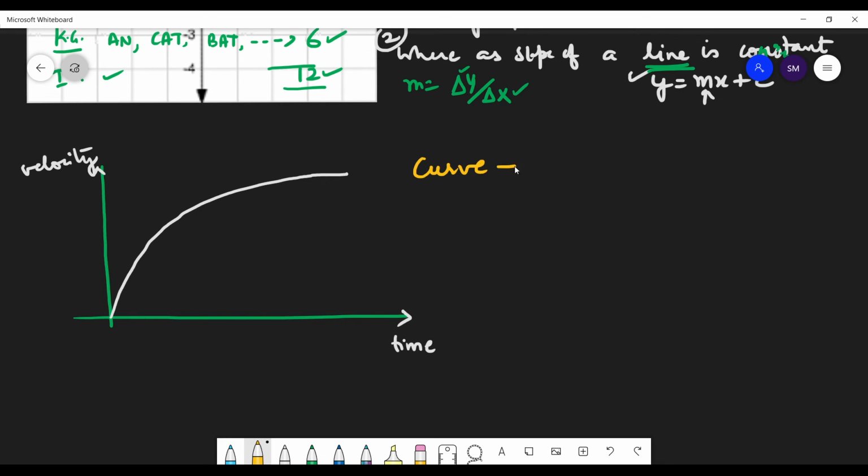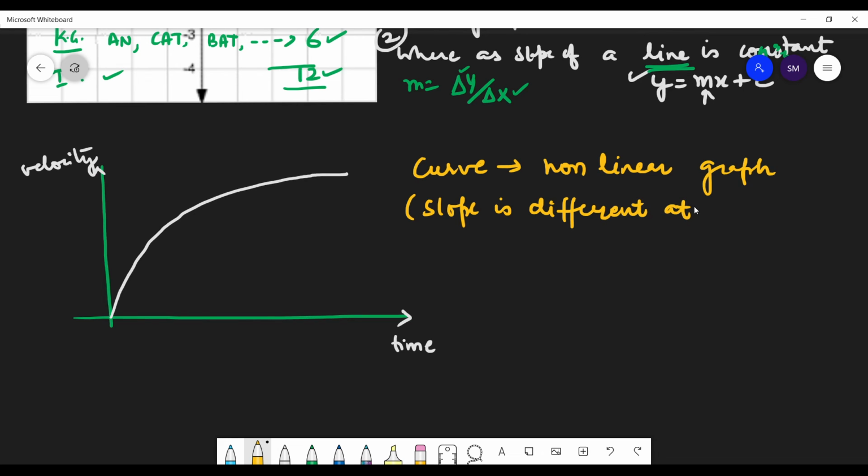So it's a curve, and curve means non-linear graph. So is the slope the same at all the points or is the slope different? The slope is different at different points, right? Yes, sir.